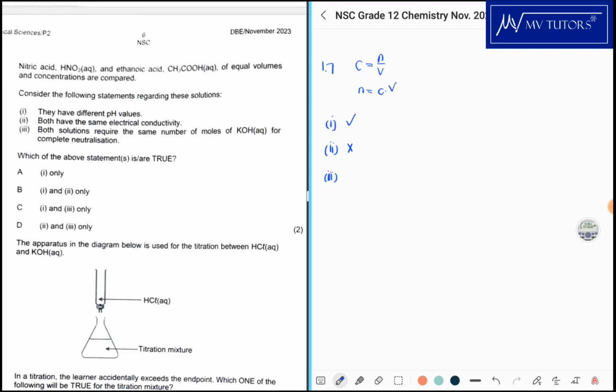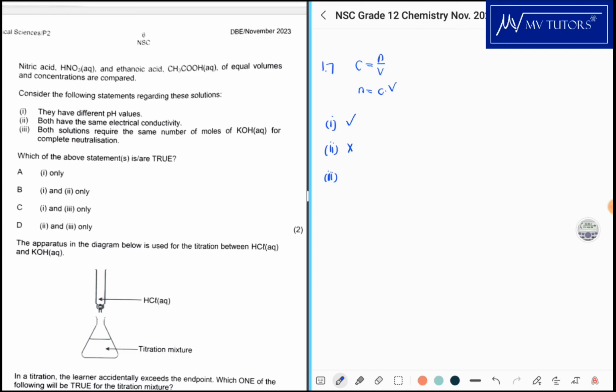So this is a tricky one because both nitric acid and ethanoic acid are monoprotic acids, meaning they each have one hydrogen atom that they can play with. So I would say both solutions do require the same number of moles.